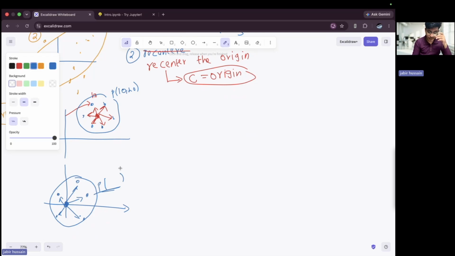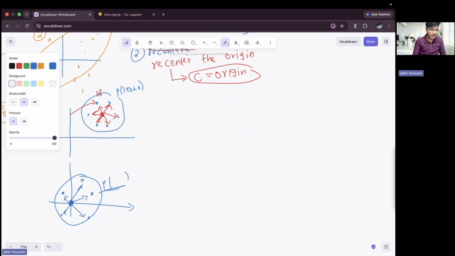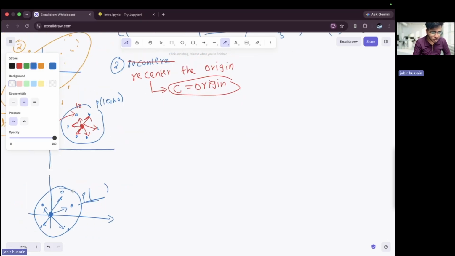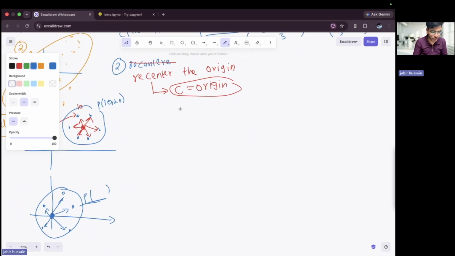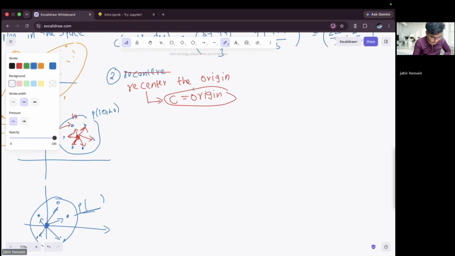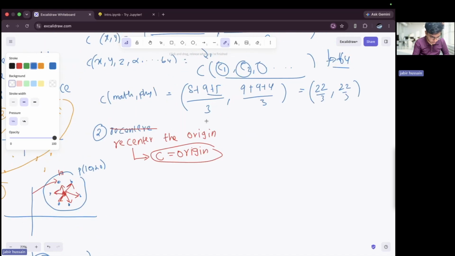But the point you should notice is, is the cloud changing? No, right? If the cloud is not changing, then the information, or the pattern conclusions, will not change. PCA is not about which point is at which location. It's about how the cloud is, what the structure of the cloud is. That is important. So we recenter the origin and change all these points.